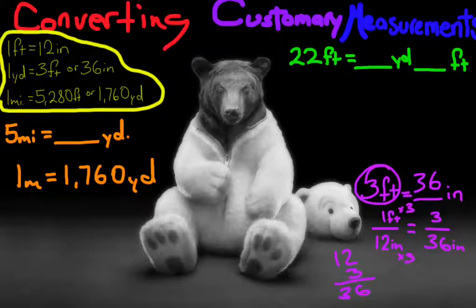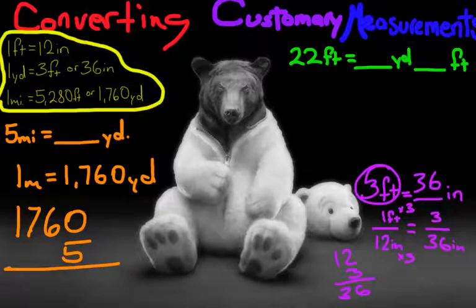So instead of doing it the fraction way, another way we can do it is, since we know that that's the case, let's just multiply 5 times 1,760 yards. In this case, we get 8,800 yards.